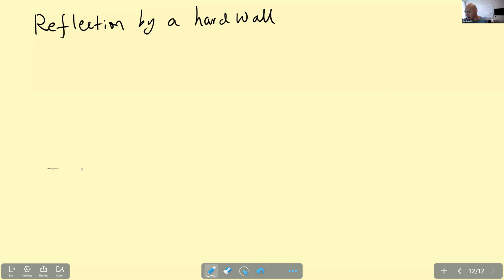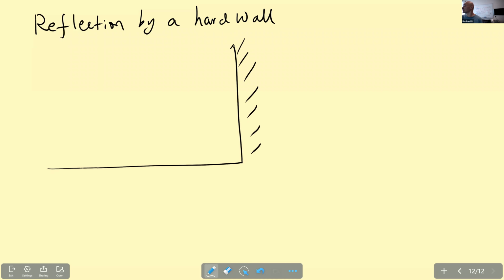Okay, so that is the case. And this one goes to infinity. In this region, this is x equal to 0, say, and this is V equal to 0.